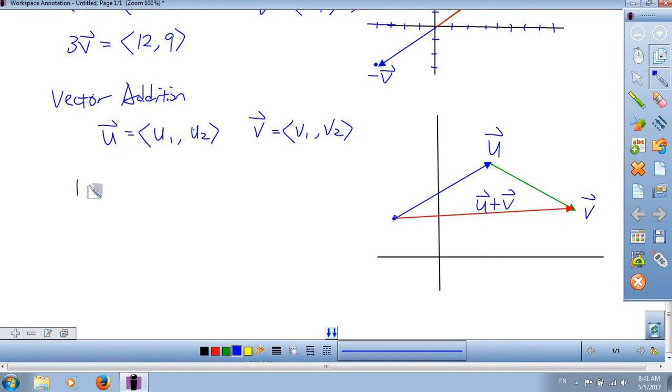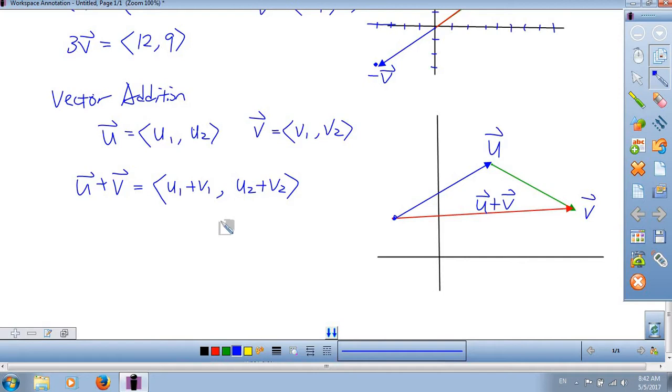Now algebraically, how do we add? Algebraically, we add the components. This point was u1, u2 from here. The difference is v1, v2. So basically, we're adding all of them together. We add u1 plus v1, and then we add u2 plus v2. So this is how algebraically we add vectors.